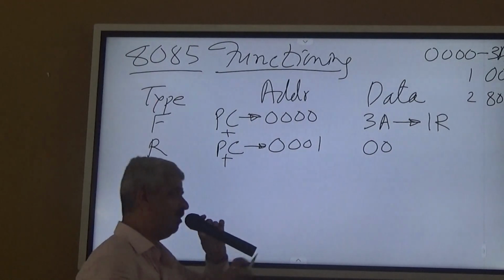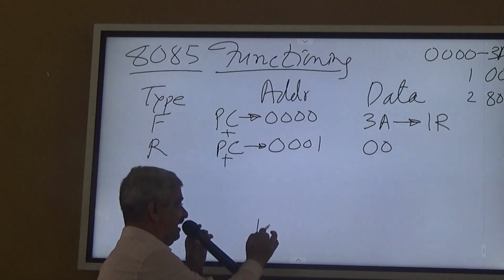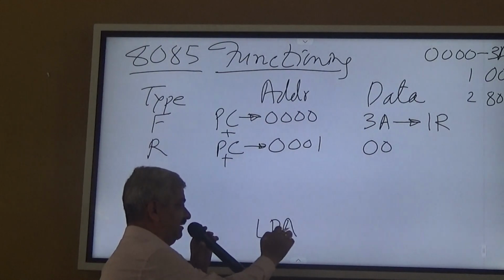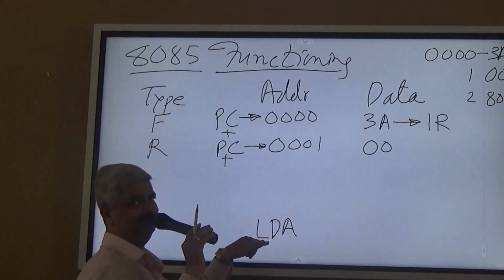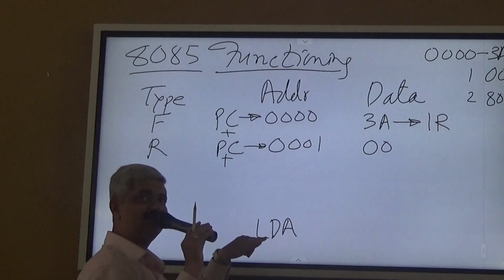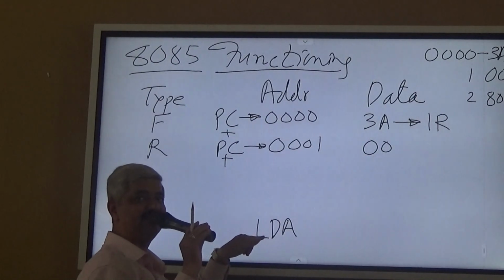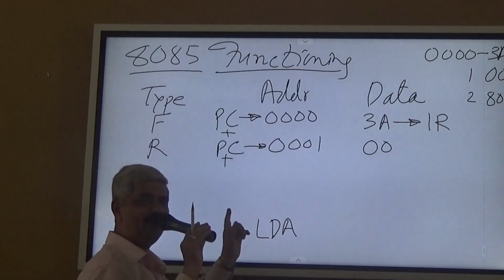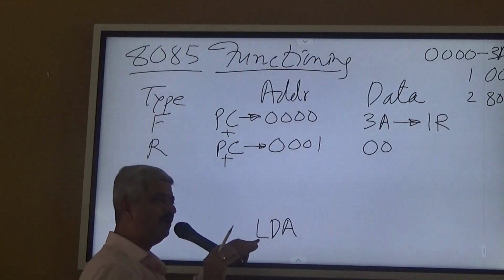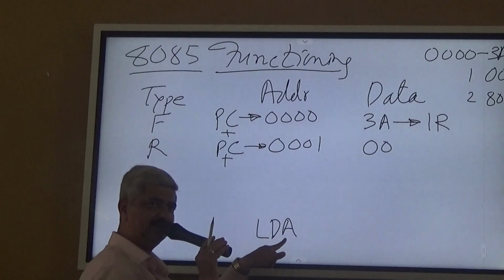So the mnemonic of the instruction, LDA, load accumulator, means LDA is not an English word. LDA is just a combination of English letters; except in the 8085 language it has no meaning. But there is some short form: load is LD, A is accumulator, right?